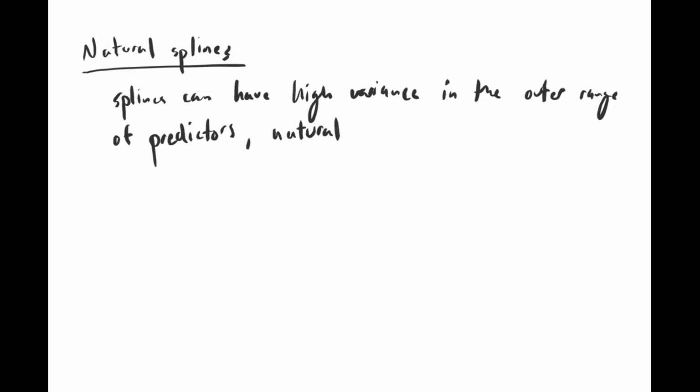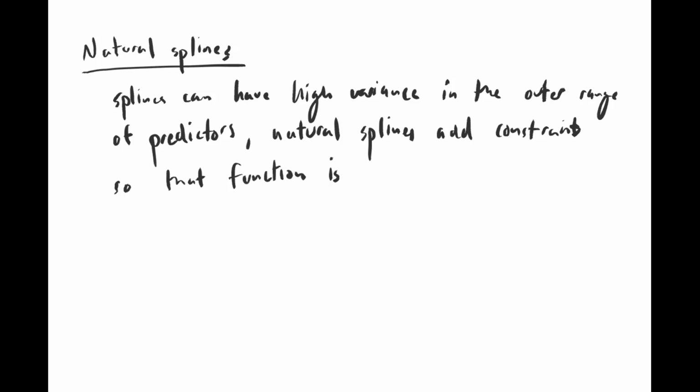So natural splines add constraints so that the function is linear at boundaries.